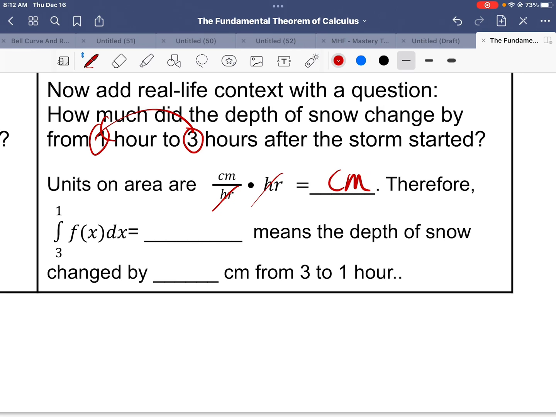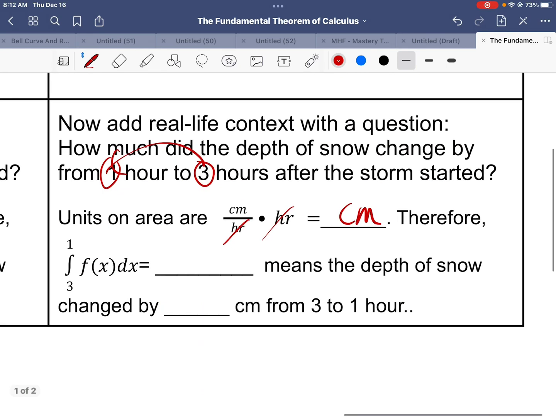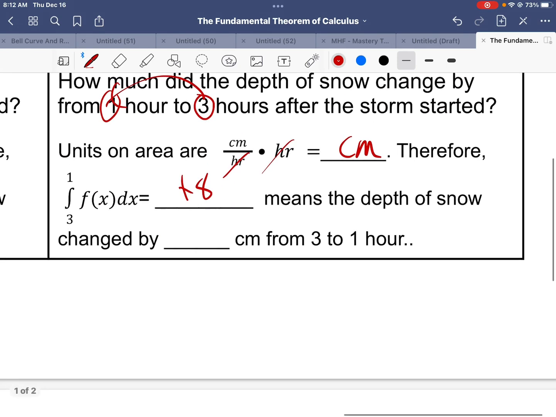Obviously there was more. So it follows that if I look back in time and snow was melting, there's more snow. This worked out to be positive 8, which means the depth of snow changed by 8 centimeters from 3 hours to 1 hour.